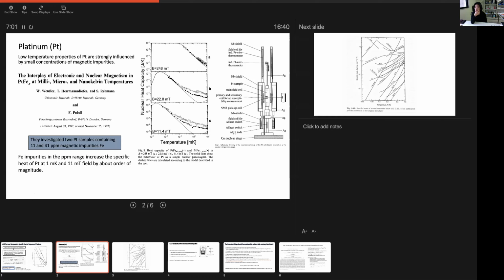So for the magnetic Schottky specific heat, if you apply a field, Zeeman splitting happens, then the gap increases and the temperature will move. That's why if you apply a higher magnetic field, you will see this effect at a higher temperature range.